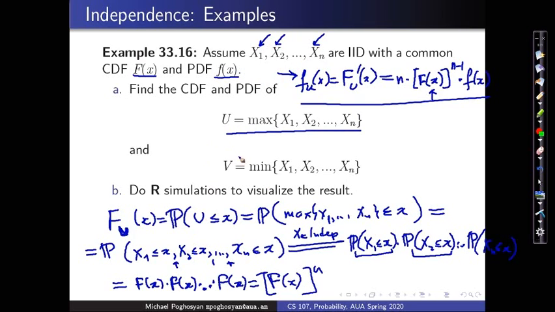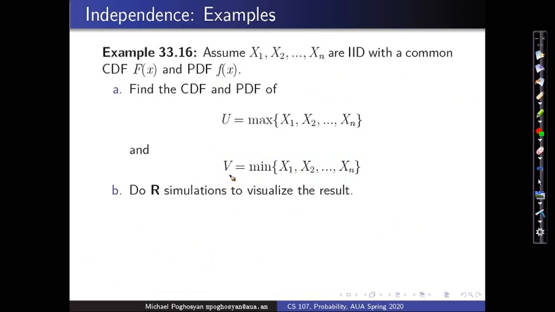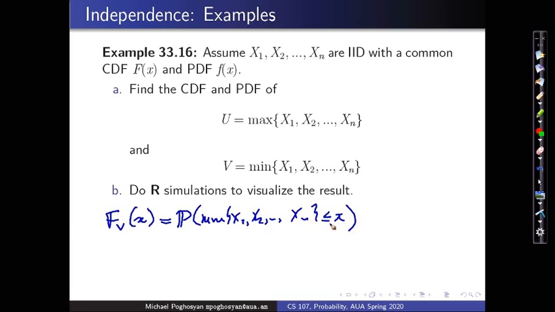Now for the minimum, we'll do the following. So this is standard. Again, I am starting from the CDF of V: the probability that the minimum of X1, X2, etc., Xn is less or equal than x. In fact, this is not so easy to write. I need to write X1 is less or equal than x, or X2 is less or equal than x, or so on.